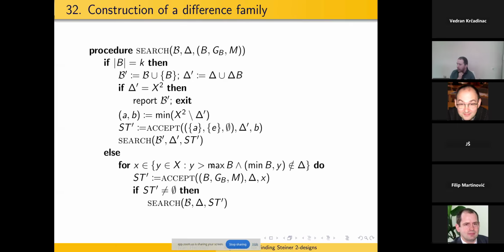So we are going through these X that are not in the current difference, and just do the same. We accept to the state this element X, and if the state is not the empty set, which indicates an incorrect state, then we recursively execute search again. So after defining this very complex accept function, the search remains as simple as it was previously, but in the updated notation.